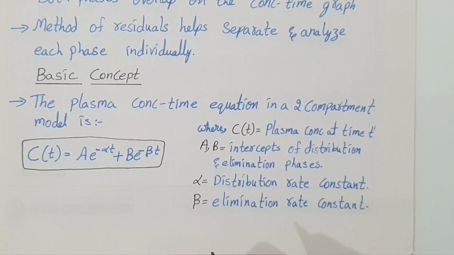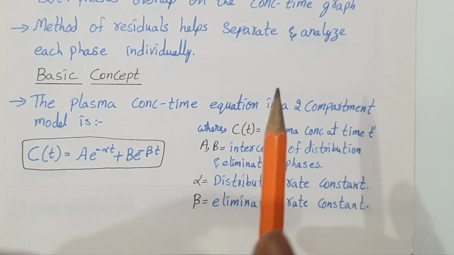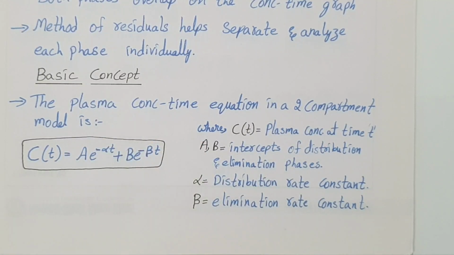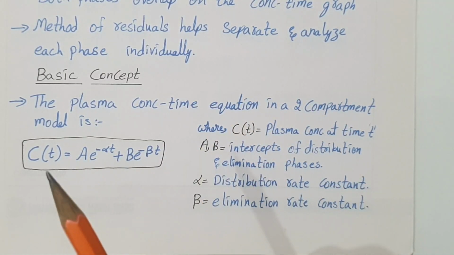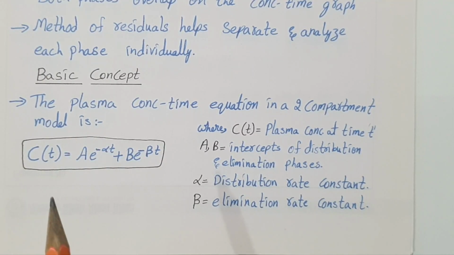Before moving on further, let's recap the two-compartment model. In the two-compartment model, we have a central compartment as well as a peripheral compartment. The central compartment consists of blood and well-perfused organs such as heart, liver, kidney. The peripheral compartment consists of less perfused tissues like fat and muscles.